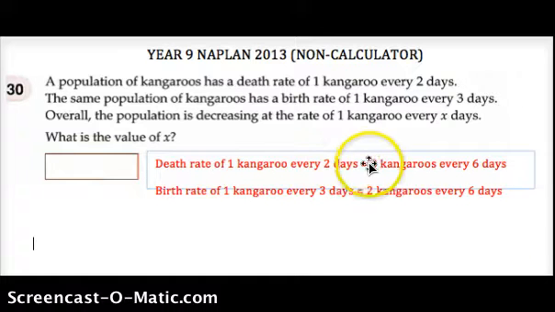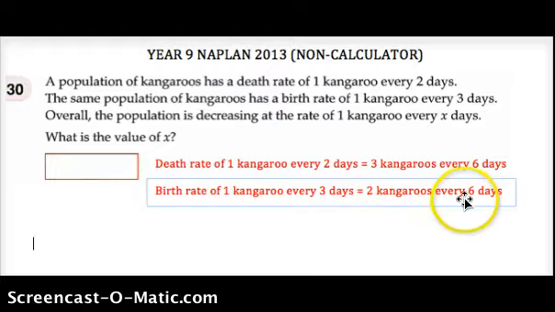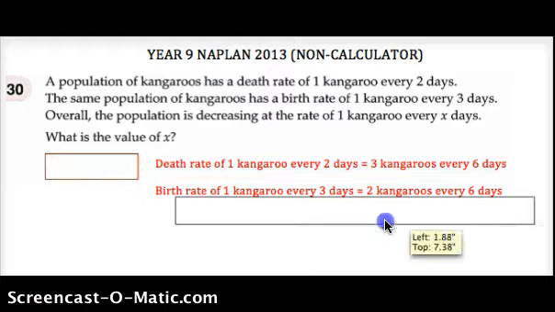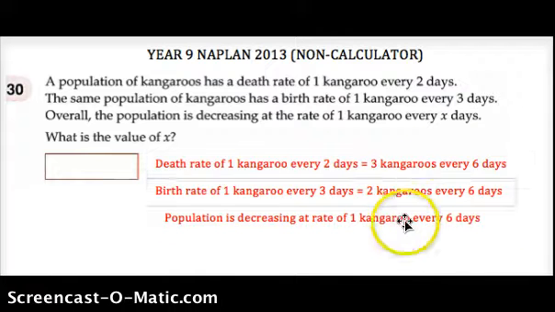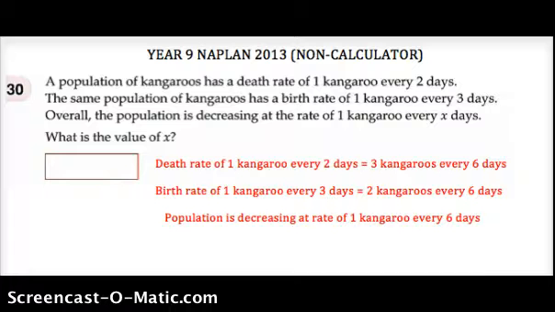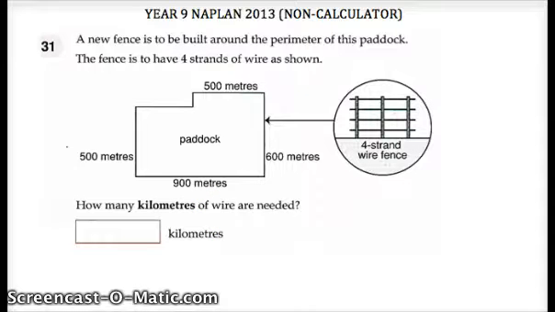So now we can see that 3 kangaroos die every 6 days and 2 kangaroos are born every 6 days, which means that overall the rate is decreasing by 1 kangaroo every 6 days, because 3 minus 2 is 1. So therefore, 1 kangaroo every X days, or 1 kangaroo every 6 days, that means that X is equal to 6.